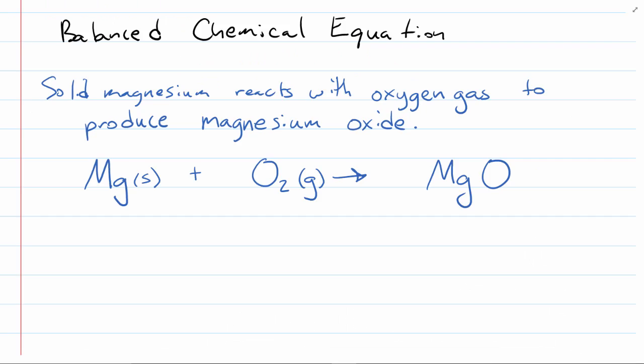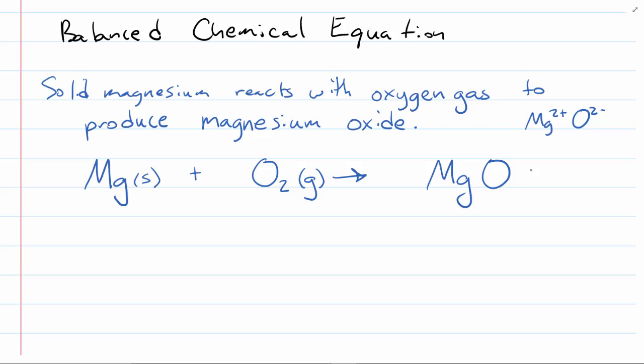So if we have Mg with a 2 positive and O with a 2 negative, what happens to the charges? They balance, they cancel each other out. So the formula is simply MgO. We didn't label the phase, but what is the phase here? This is a solid.